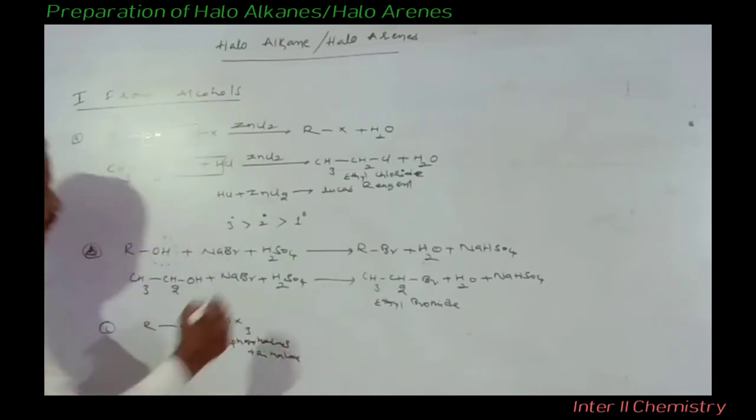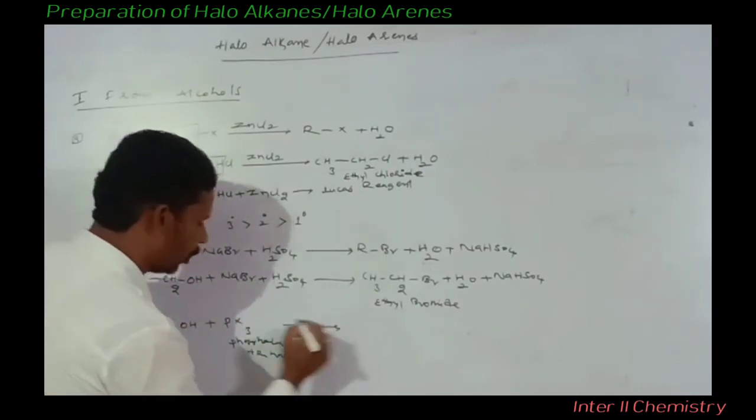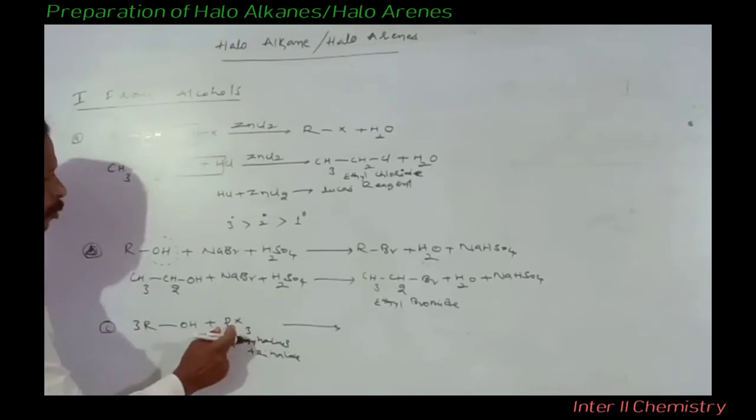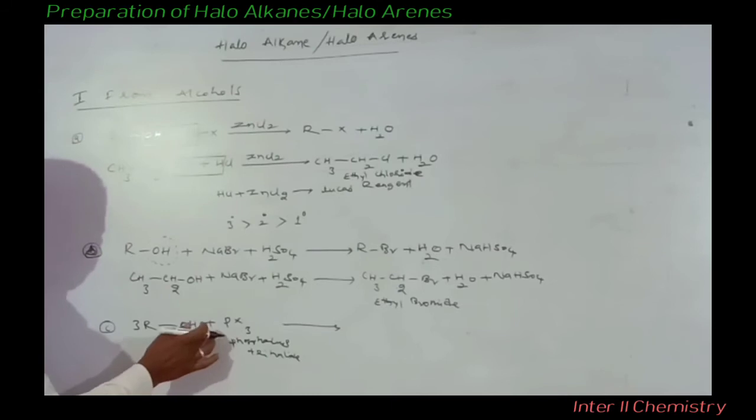Here you have to remember that 3 moles of alcohol react with 1 mole of phosphorus trihalide. The 3 OH groups of the 3 alcohol molecules are removed.